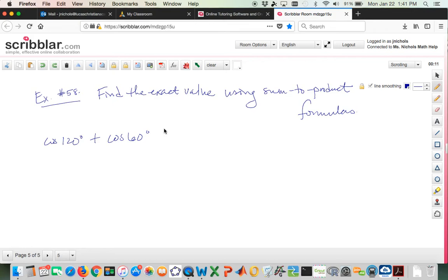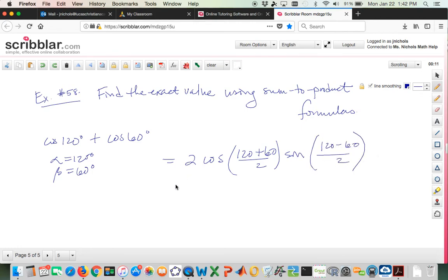This is a cosine alpha, cosine beta. Alpha is 120 degrees, beta is 60 degrees. This is going to equal 2 cosine 120 plus 60 all over 2 times sine of 120 minus 60 all over 2. Simplifying, this is 2 cosine of 180 all over 2, which is 90 degrees, times sine of 120 minus 60, which is 60 all over 2, which is 30 degrees.